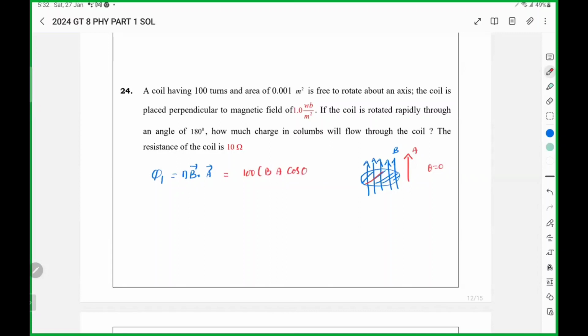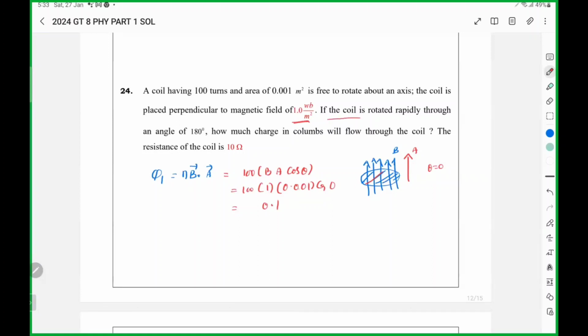N B A cos theta. B he has given 1 Weber per meter square. Area 0.001, cos 0. So 100 into this is 0.1. This is the initial flux which flows through the coil.